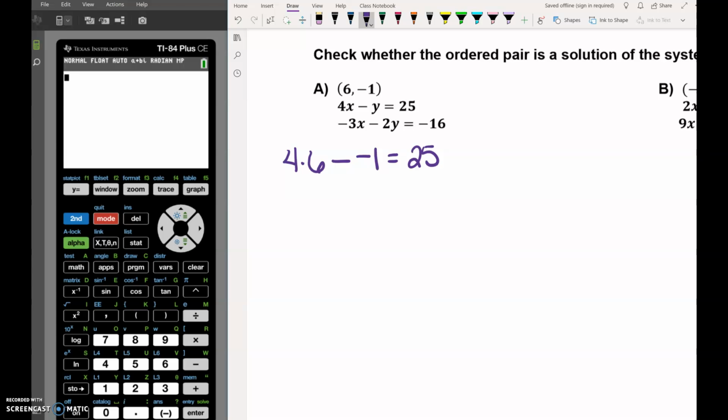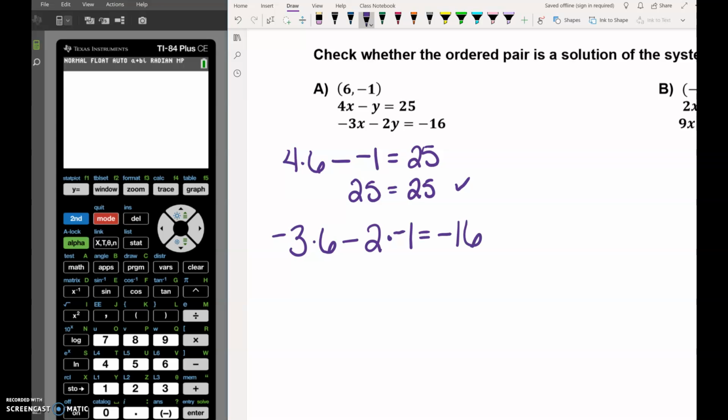You can type this into your calculator if you want, or you can do some mental math. This is 24 minus a negative 1 means plus 1. 24 plus 1 is 25. This one works. We now have to check that point in the other equation. So -3 times 6 minus 2 times -1.